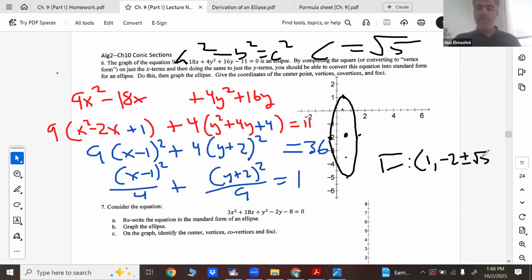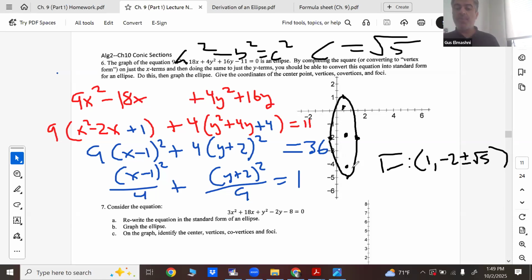So you write your foci like that: -2 plus √5, -2 minus √5, because you're going √5 up, √5 down. So it'll be over here and here.